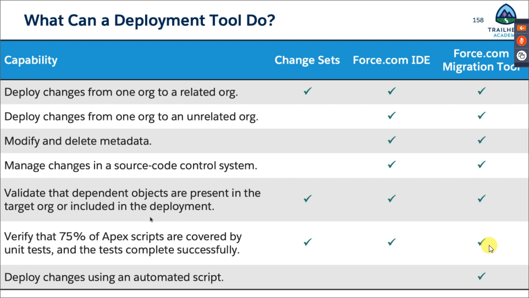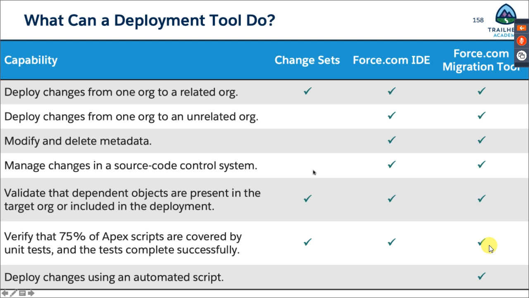So, deploying changes from one org to a related org, and now we understand hopefully what a related org means. Any of those tools. To an unrelated org, as I showed you in that little whiteboard, change sets cannot do unrelated orgs. Change sets cannot modify and/or delete the data.